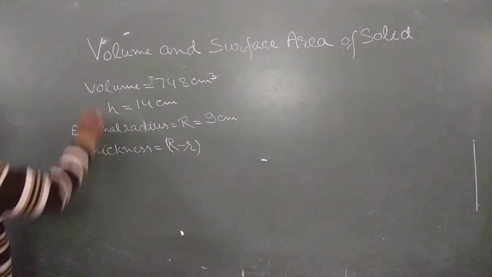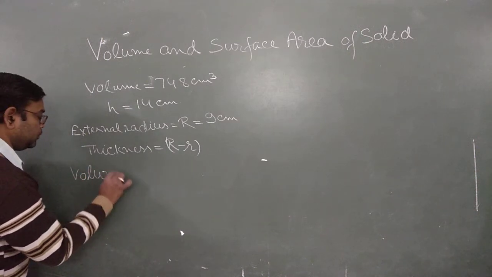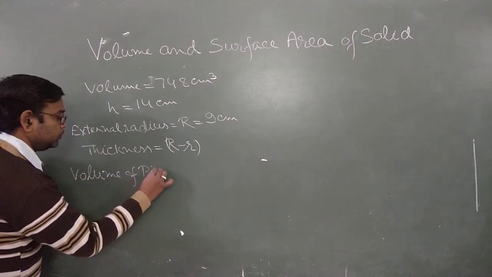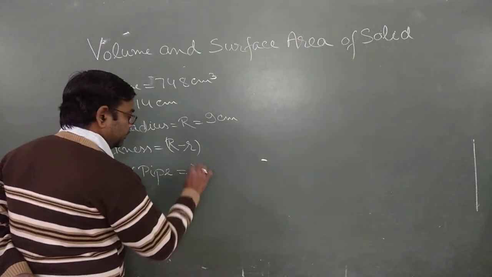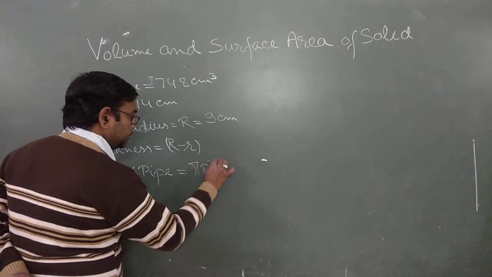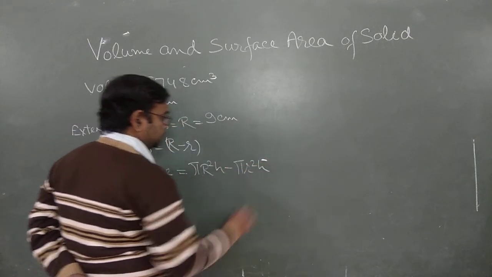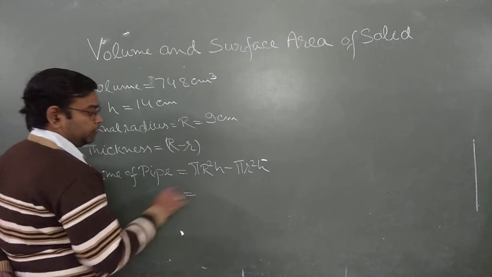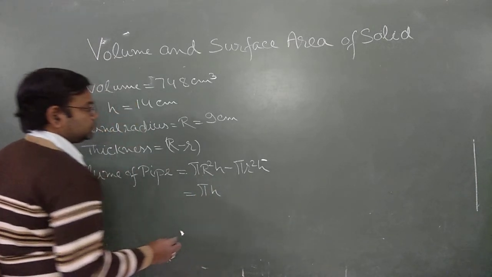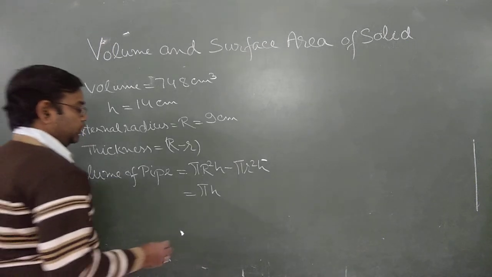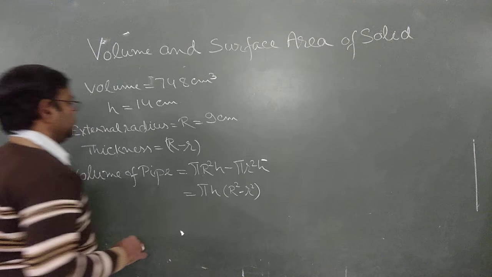Volume of pipe, that is volume of hollow cylinder, is equal to the difference of volumes: pi capital R square H minus pi small r square H. And if we try to find out, we take pi and H common. Clear? What we have is R square minus r square.